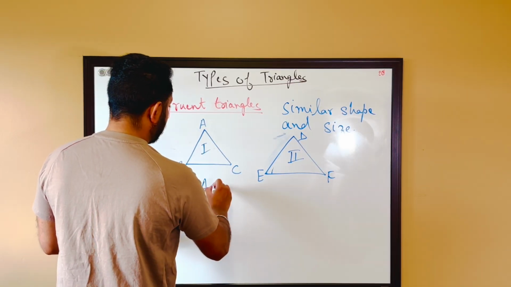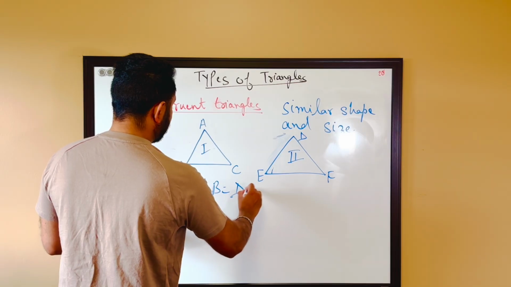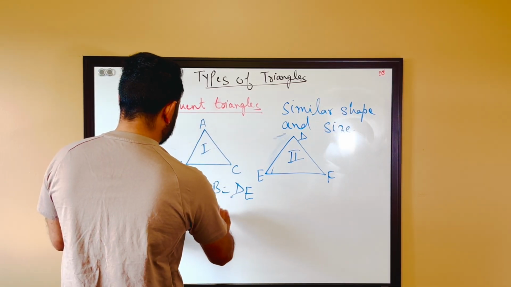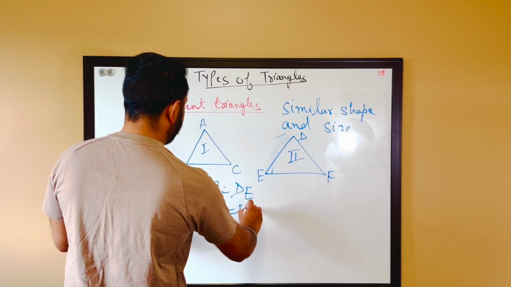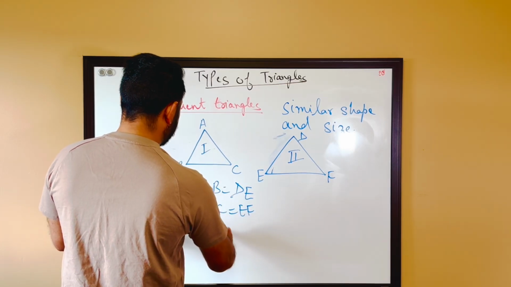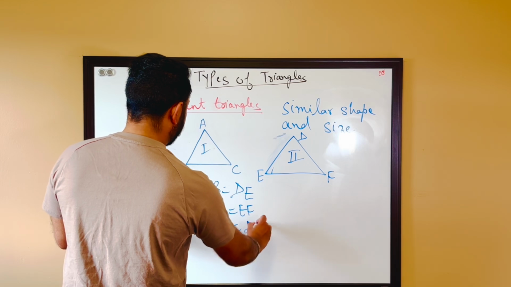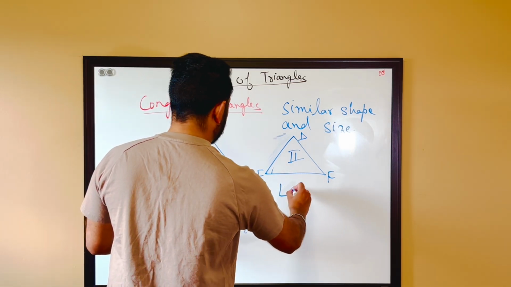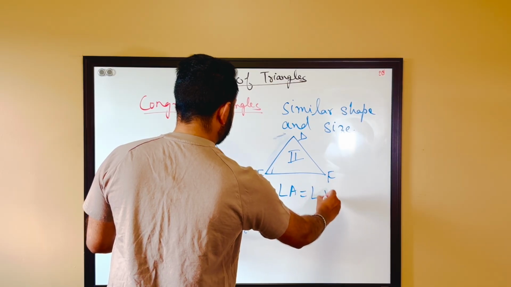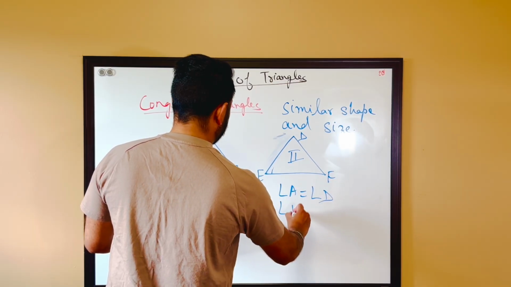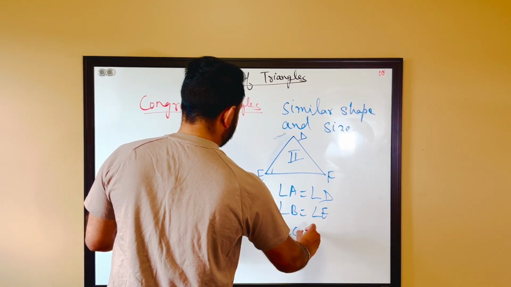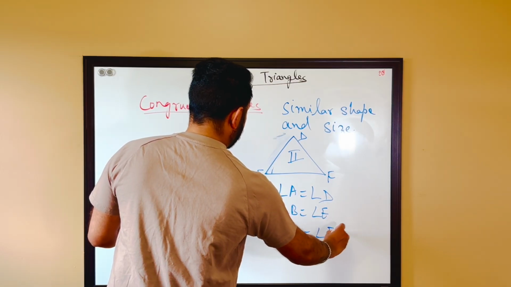That means AB is equal to DE, like their corresponding sides, BC is equal to EF and AC is equal to DF. And also the corresponding angles, A is equal to D, B is equal to E and C is equal to F.